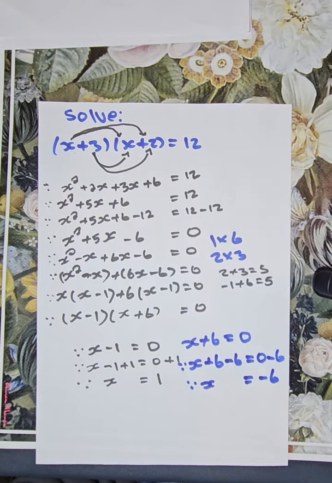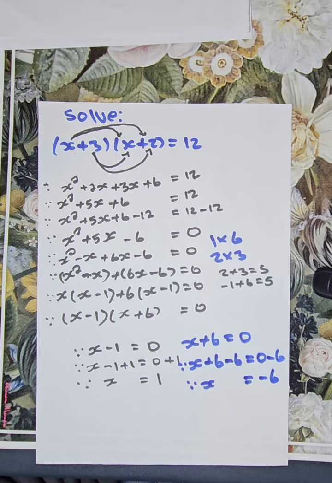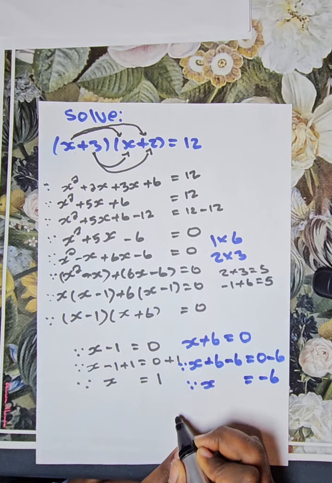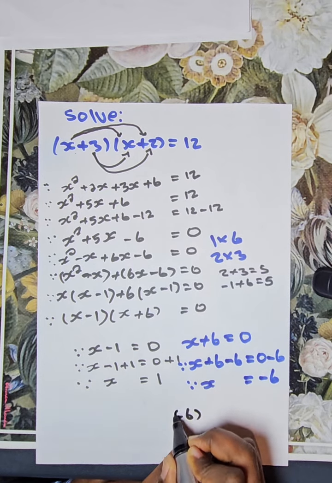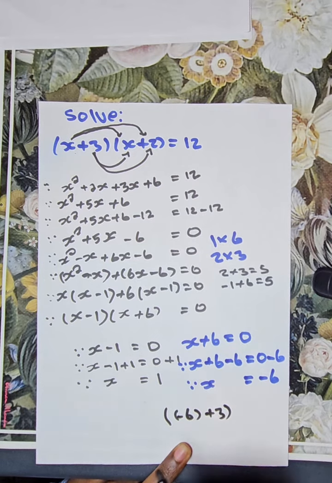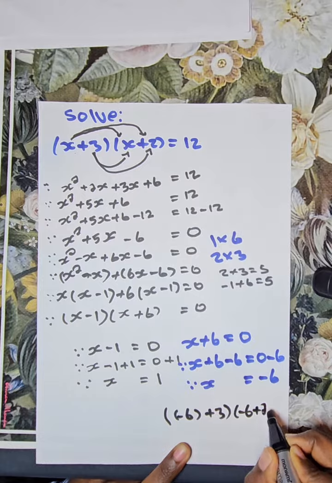Now, what you need to do is check, is this valid? Let's make it quick. It was (x + 3)(x + 2) equal to 12. Will this give us the right answer? Let's first substitute with minus 6. So I will take out x and put minus 6: minus 6 plus 3, all in brackets, and then minus 6 plus 2.